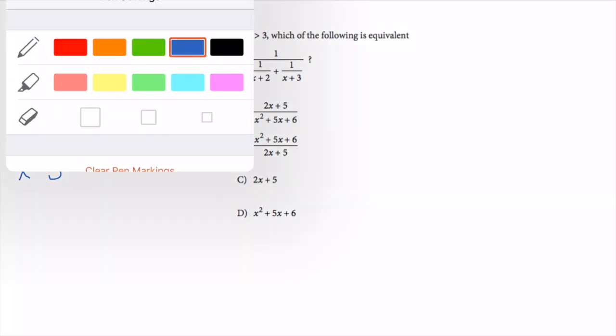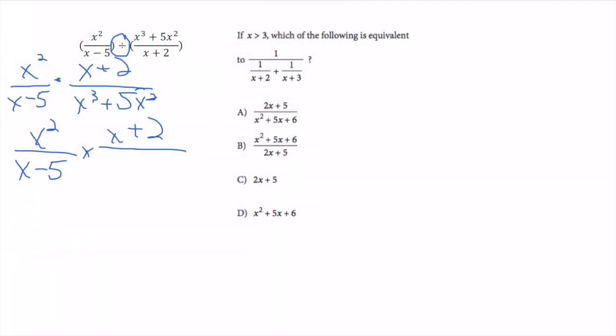But if I look at this second one here, the bottom, I can take an x squared out of both of those. If I take an x squared out, I'm left with x plus 5. And now I can eliminate those two here.